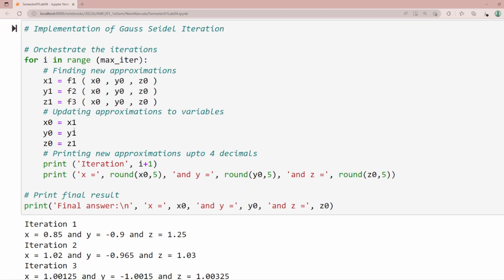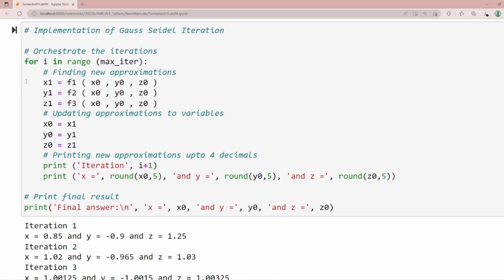Yes, so what we do is that we define the new approximations as x1 is equal to f1 of x0, y0, z0, y1 as f2 of x0, y0, z0, and z1 as f3 of x0, y0, z0.